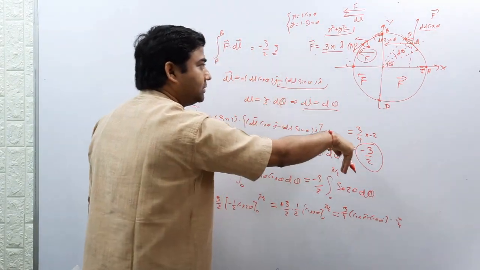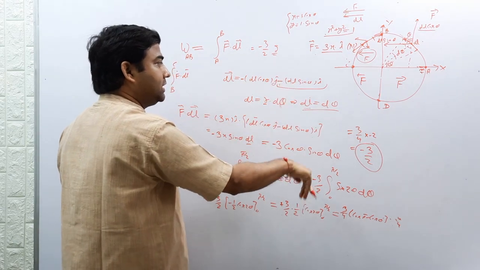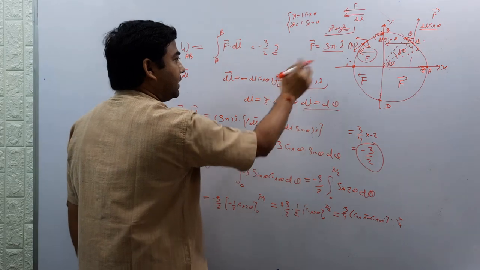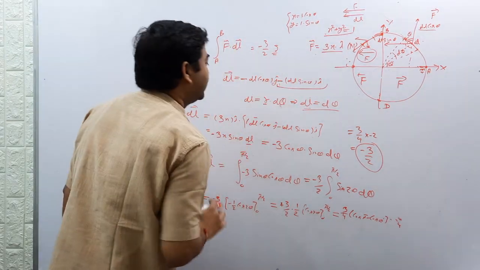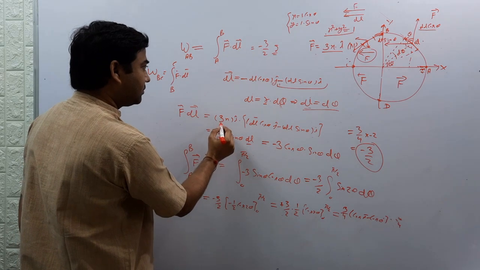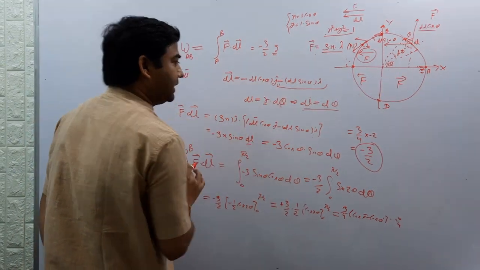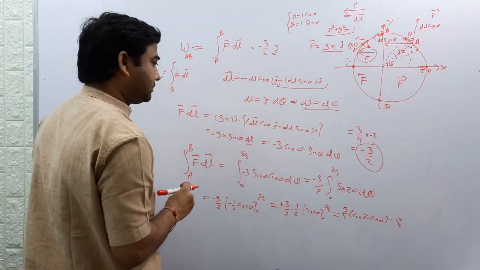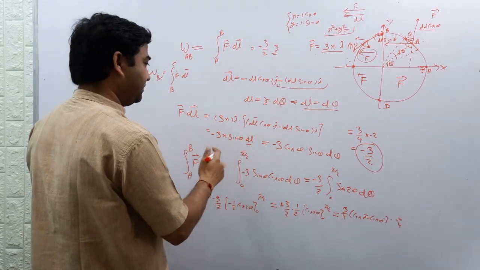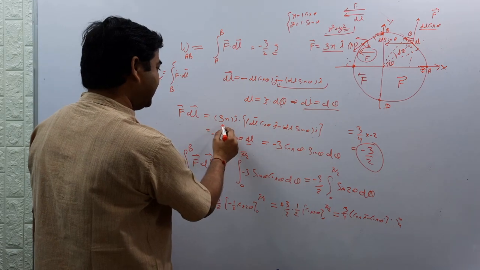Downward is also negative, minus j, and negative x-axis is also minus. So both components will be negative. Other operations will be the same.